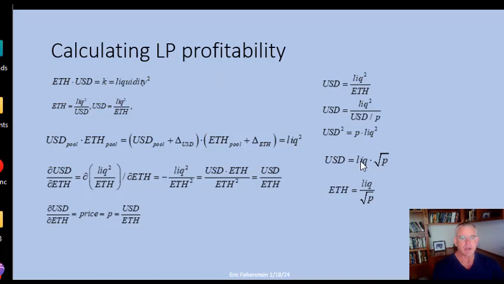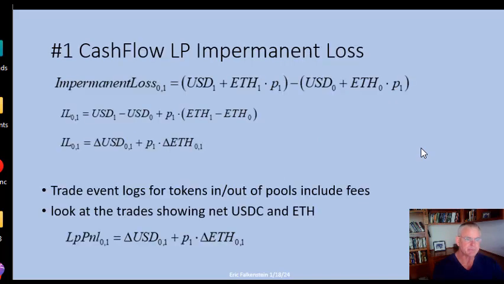If I know the liquidity number and I take the square root of price, I know exactly how much USD is in the pool. And I also know how much ETH is in the pool: one is liquidity times the square root of price, and one is liquidity divided by the square root of price. That's all you need to calculate exactly what the impermanent loss or the convexity cost is for these guys.